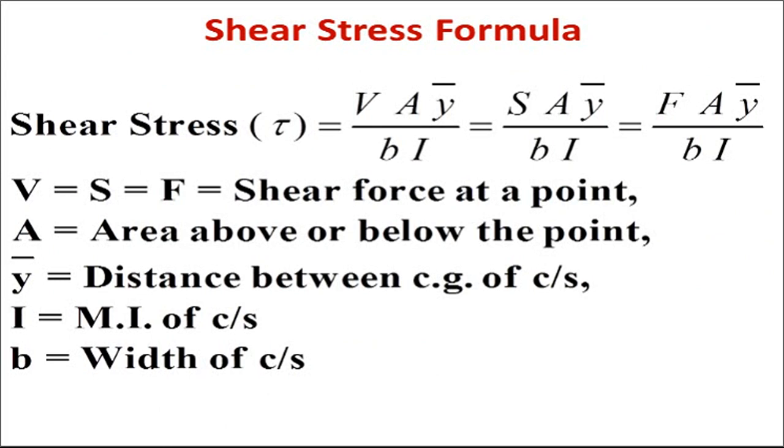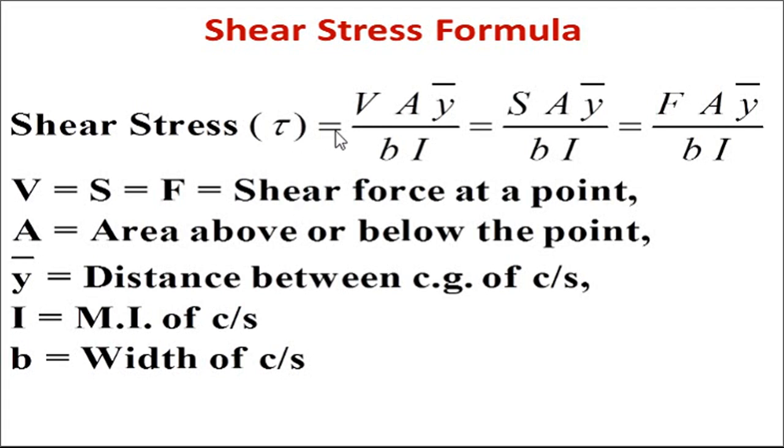Now to calculate the shear stress at any portion of the beam or at any area at any location, we have the formula: shear stress, normally denoted by the letter tau. So here you can see this is the letter tau.